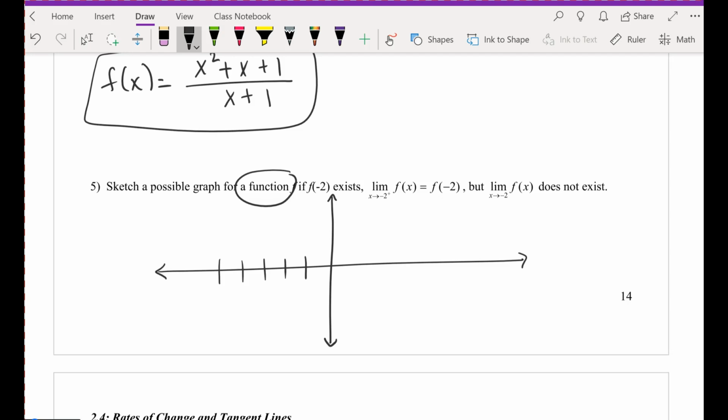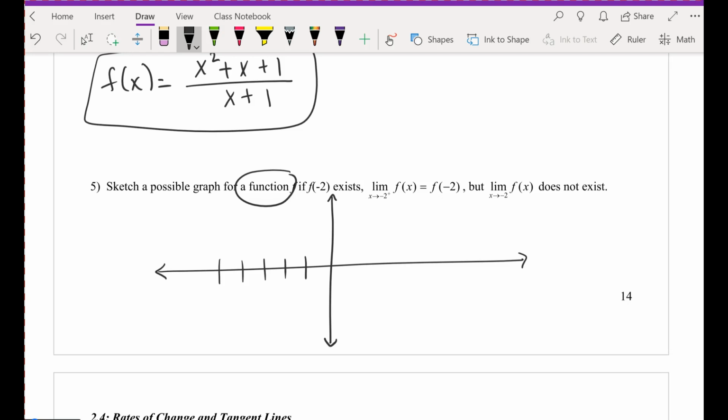The limit coming from the right side towards -2 is the same as its algebraic value. What do you want to do? Next piece, the limit as x approaches -2 does not exist.